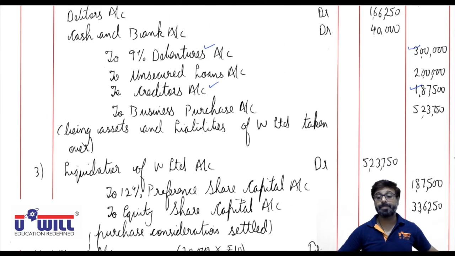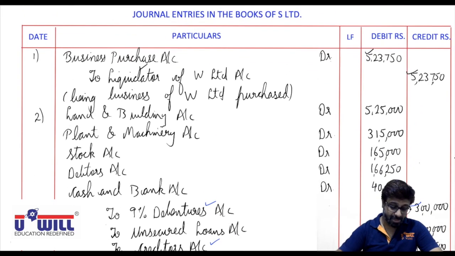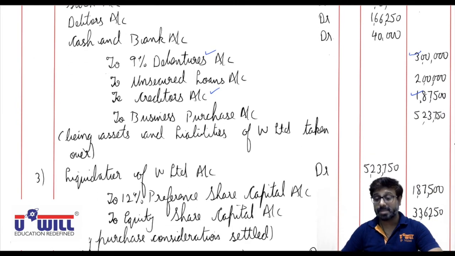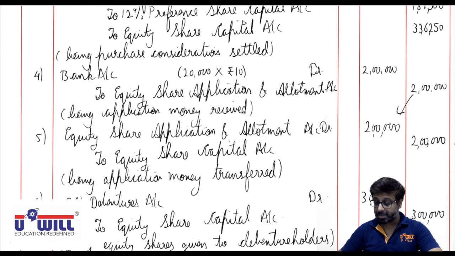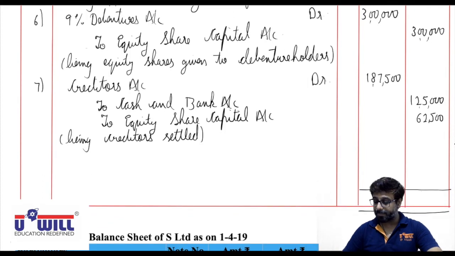Now see this everyone. 523,750 plus 525,000 plus 3,15,000 plus 1,65,000 plus 166,250 plus 40,000 plus 523,750 plus 2 lakhs plus 2 lakhs plus 3 lakh plus 187,500, 31 lakh 46,250.